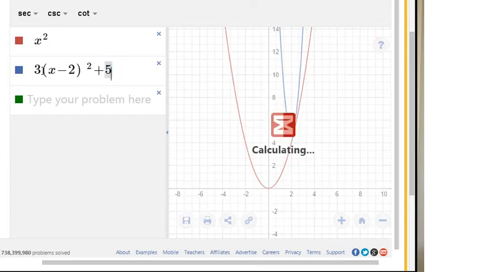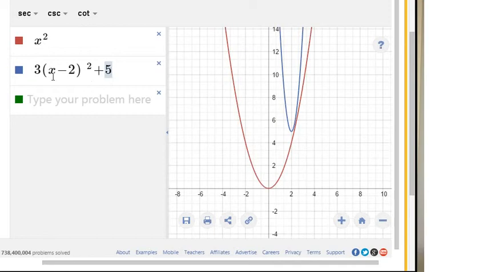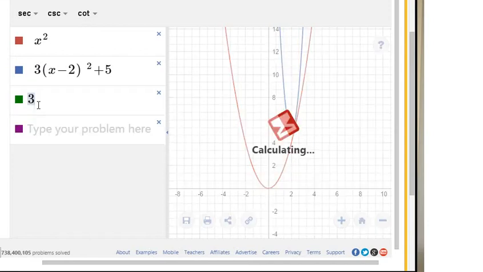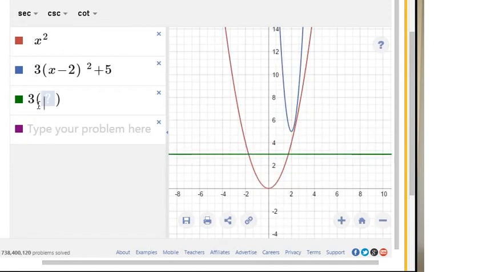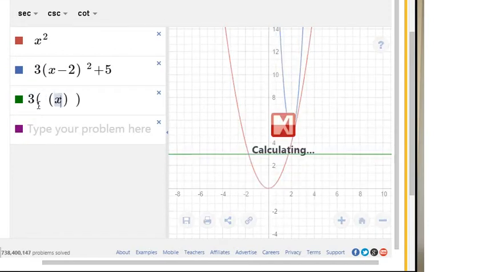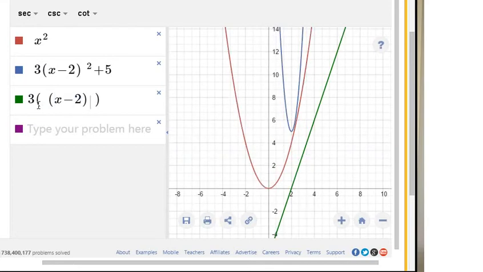oh, it won't let me do it. Well, let's just do it this way. We'll say 3 times (x minus 2) squared.